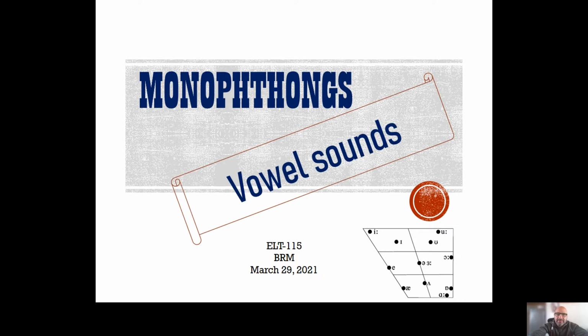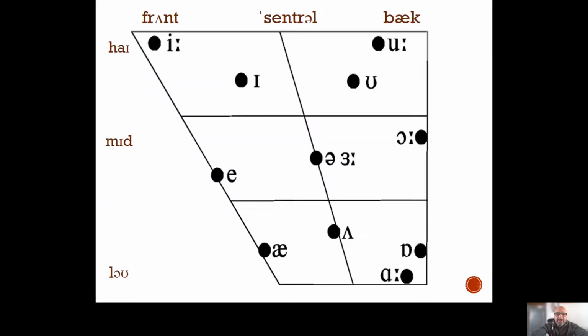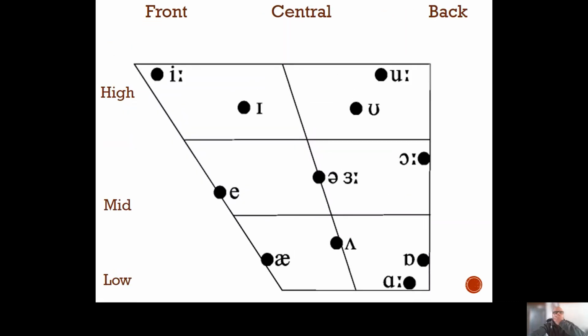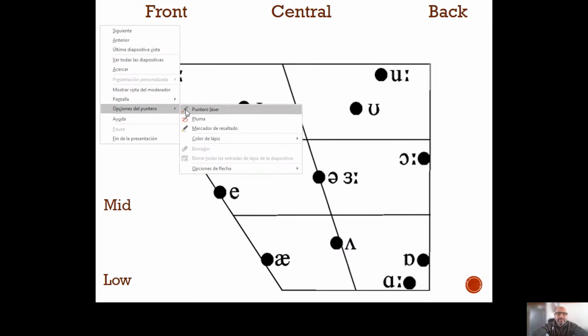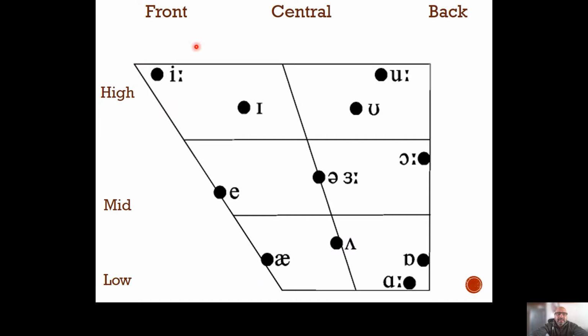We've got descriptions about vowel sounds, or the way we classify vowel sounds, which is related to the position of the tongue, right? The position of the tongue involves these three elements: front, central, and back.